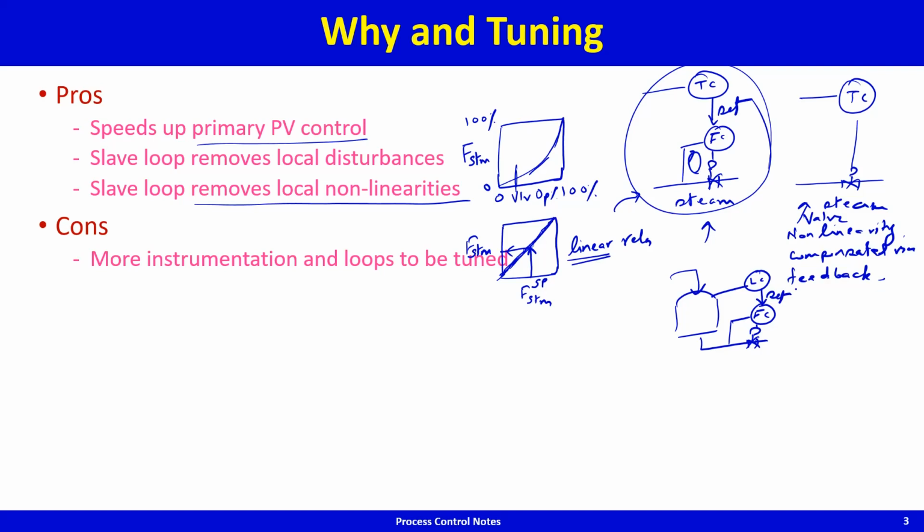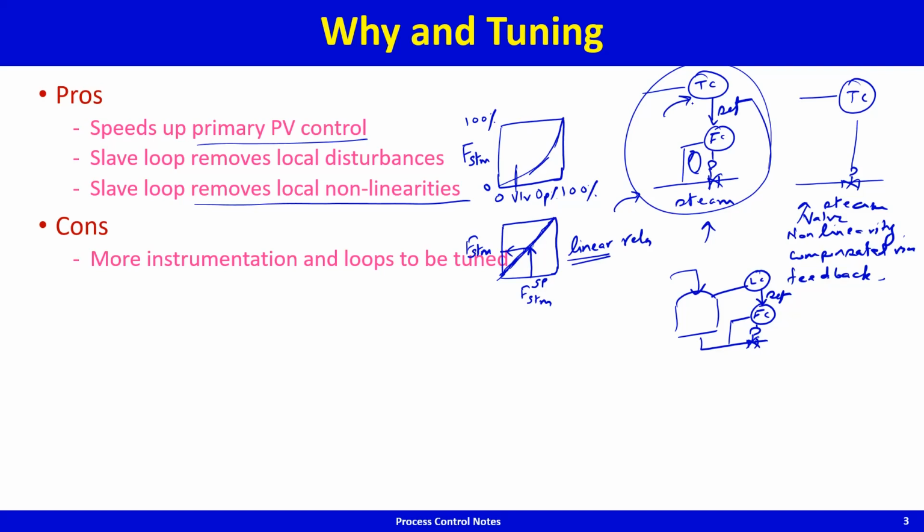And this is because valves are always nonlinear, and simply by the action of the flow controller removing the nonlinearity associated with the valve due to its fast control action, you get much better level control, much better, for example in this case, temperature control, anything else kind of control.